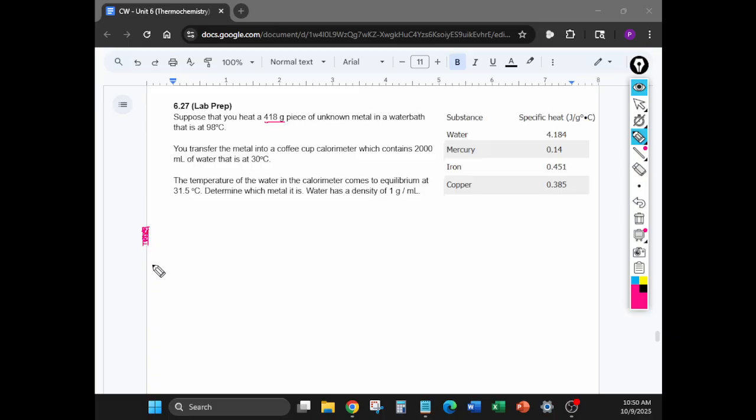And you are heating it up in a water bath until it gets to 98 degrees Celsius. So the mass of the metal is 418 grams, and the initial temperature of the metal is 98 degrees Celsius.